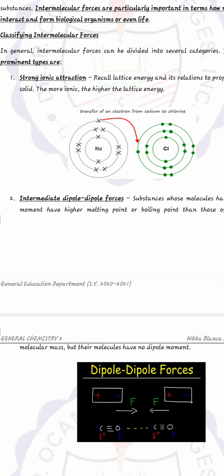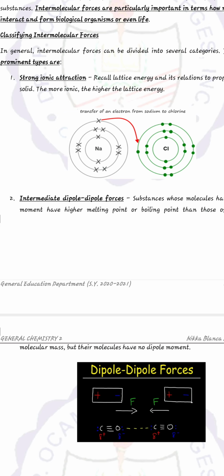The only difference between the two substances is that one has a dipole moment and the other has none. So that's the difference in dipole-dipole forces. While strong ionic attraction depends upon the charges of the elements, and it differs on which is the strongest. That's why it is called strong ionic attraction.